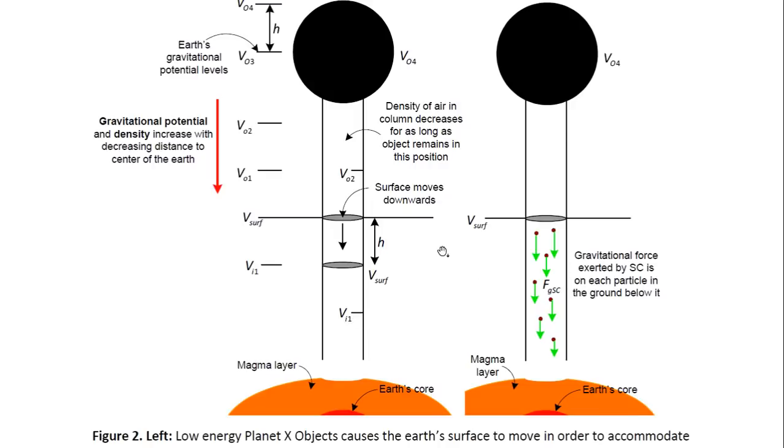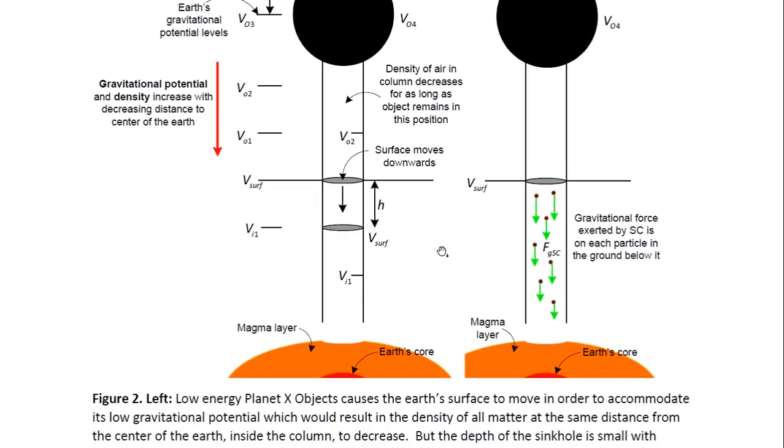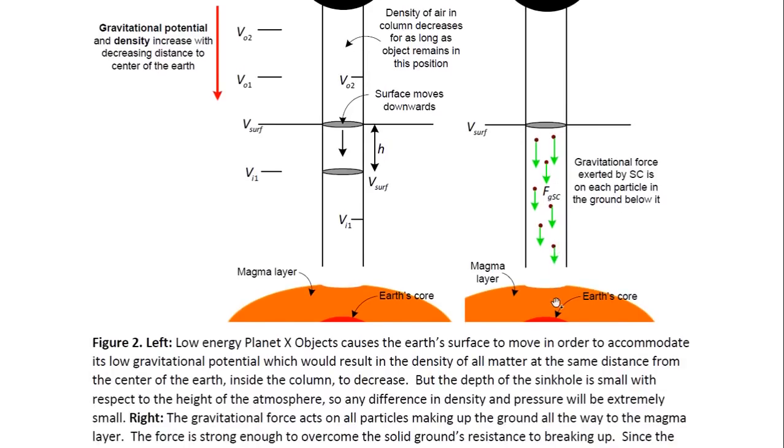And so this can be understood in terms of gravitational potential, or it can be understood in terms of force acting on the particles. The gravitational force exerted by the stellar core is on each particle in the ground below it. There's no force on the material on the surface or any person that may be there or anything else. It's just on this material, it seems.